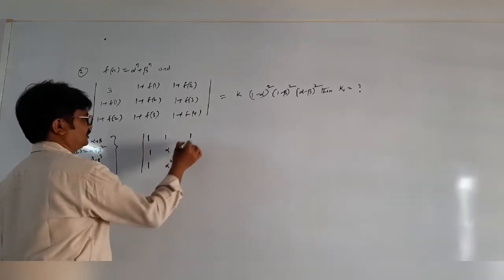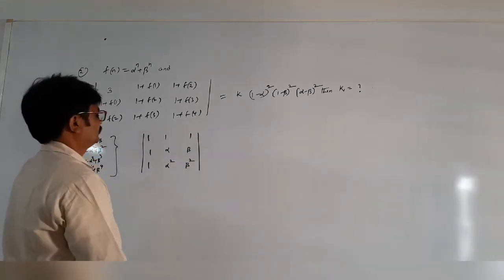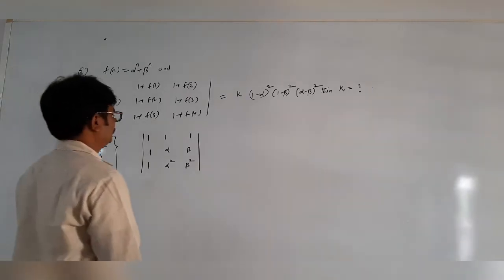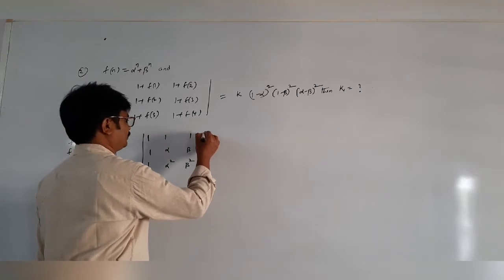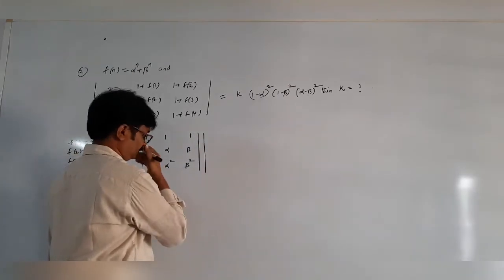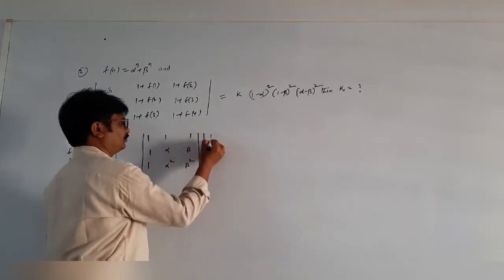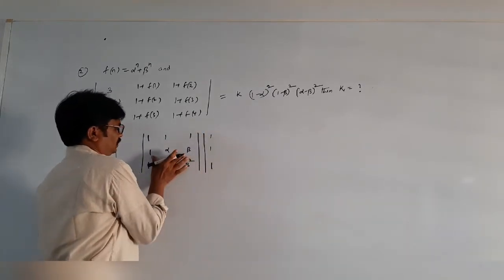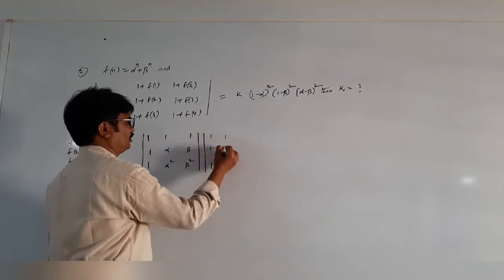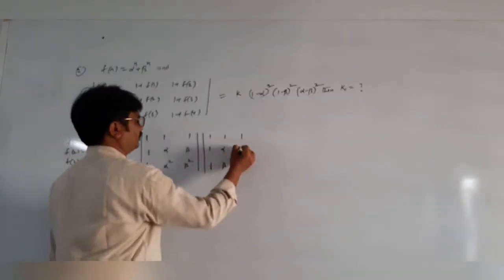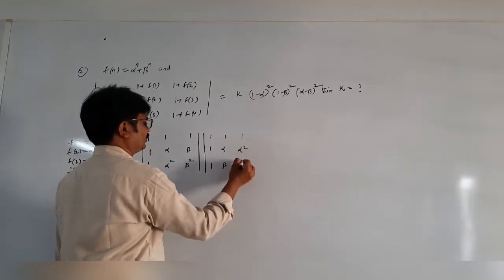Is it clear students? And also we can write, my dear students, this as the product of, suppose, the transpose, the first row is the first column, the second row is the second column, 1 alpha beta, the third row is the third column, 1 alpha square beta square.